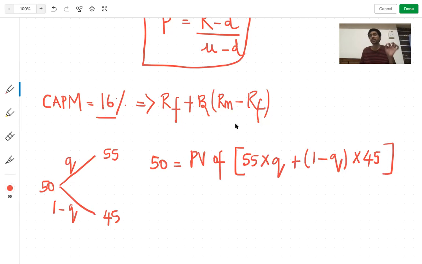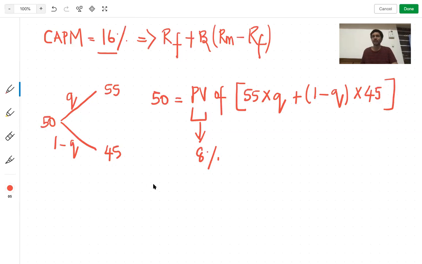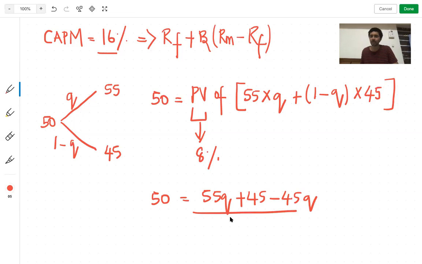No. The Q over here is the probability that would have been assigned by a risk-averse investor, because I am going to discount it not at the risk-free rate of return, but at 8% for 6 months, because the 16% was for 12 months. So 8% is for 6 months. Then I'm solving for the value of Q: 50 is equal to 55Q plus 45 minus 45Q, the whole divided by 1.08.